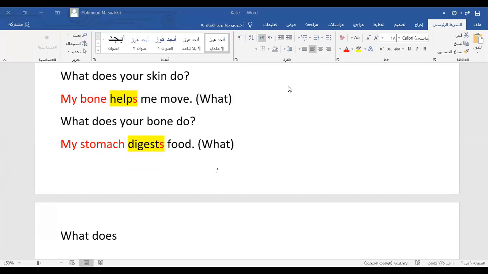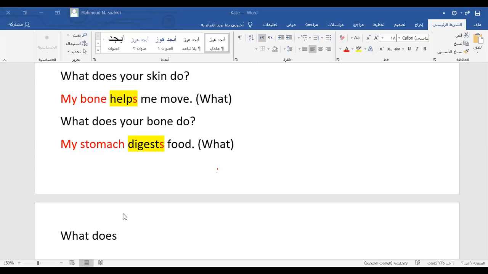Okay, Ahmed Hani. Where is the verb here? Is it my stomach, digests or food? Where is the verb? Digests. Okay. And where is the subject? Stomach only or my stomach?